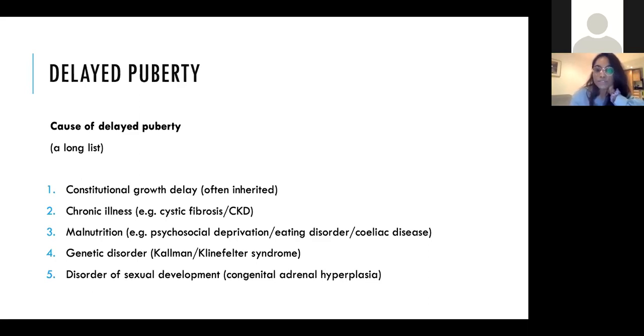Whereas with constitutional growth delay, the parents are not necessarily short. It's more that they have delayed puberty, and it's often inherited because their parents probably had delayed puberty themselves. Does that make sense?